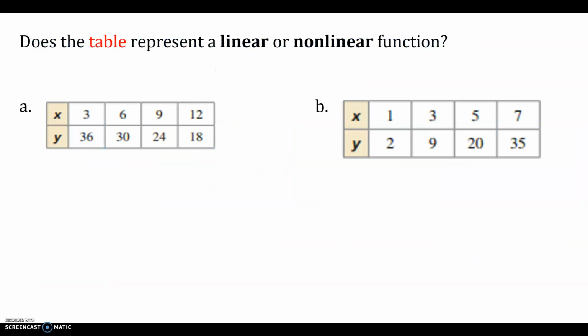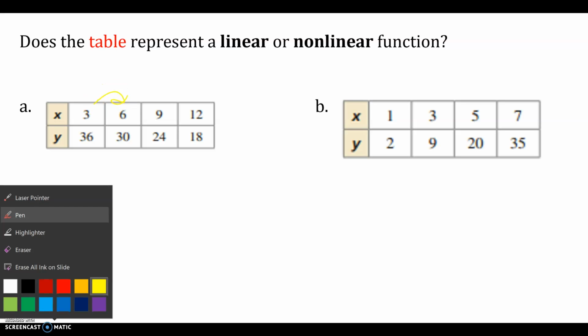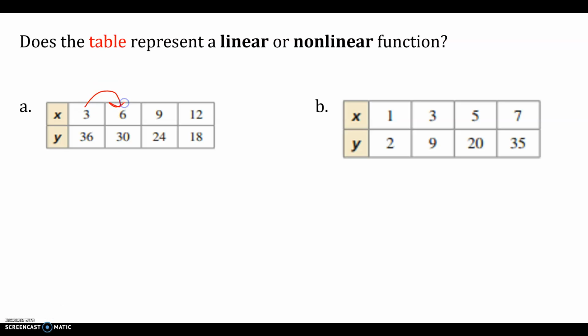Now, the next thing I'm going to show you is a table. Does the table represent a linear or non-linear function? If you remember this, what you had to do was find the increase and decrease. To go from 3 to 6, you added 3.